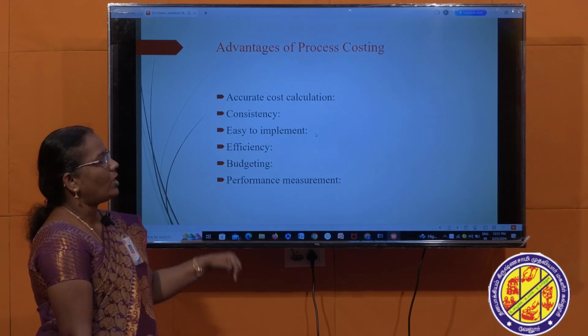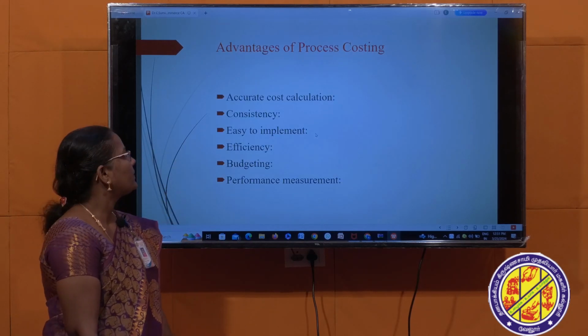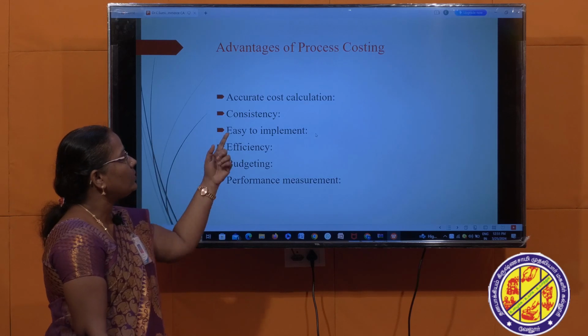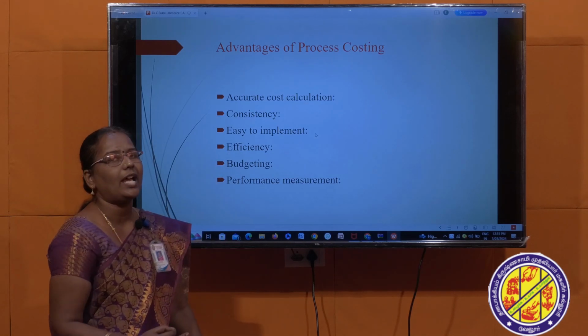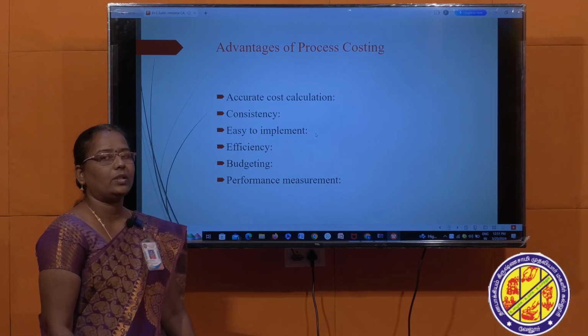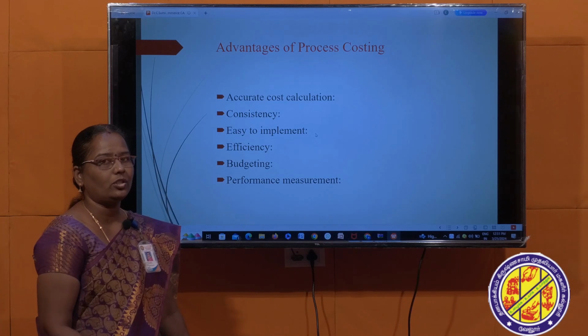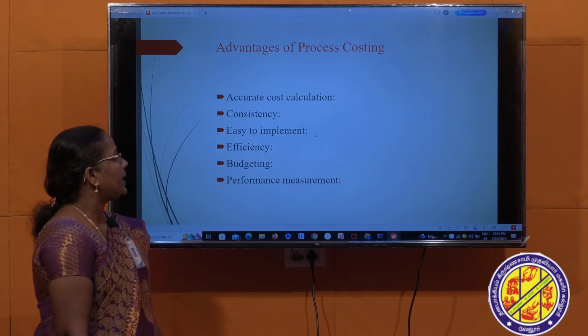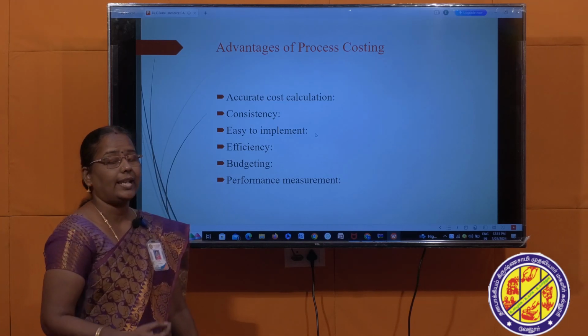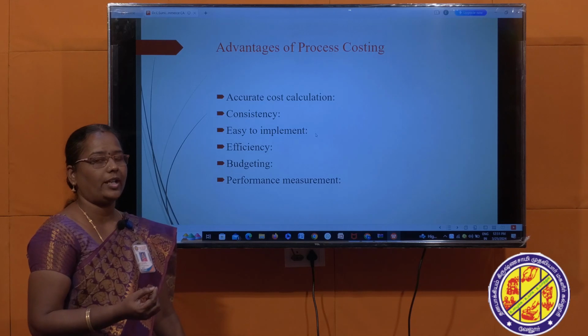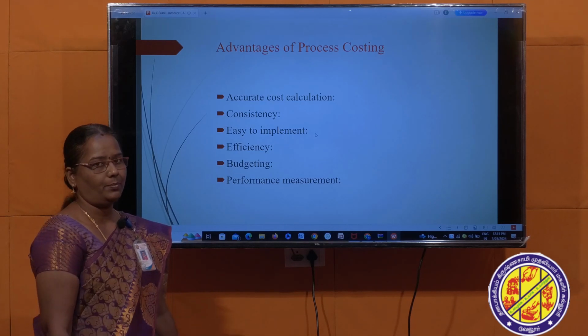So, let us see the advantages of process costing. First, the calculation of process costing is very accurate. Accurately we can calculate the cost per unit of the product. The second one is consistency. It enhances the consistency of the product for the mass production of the product.